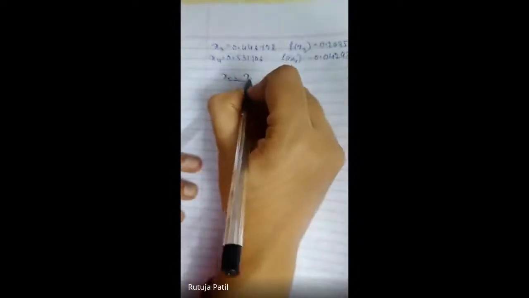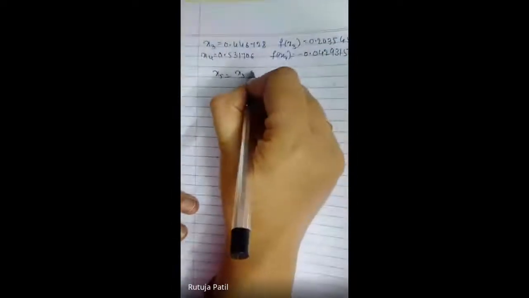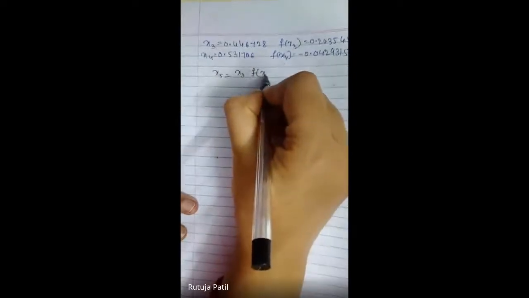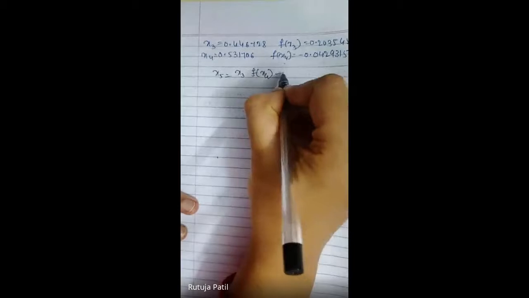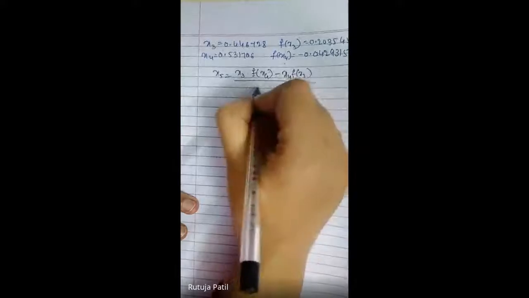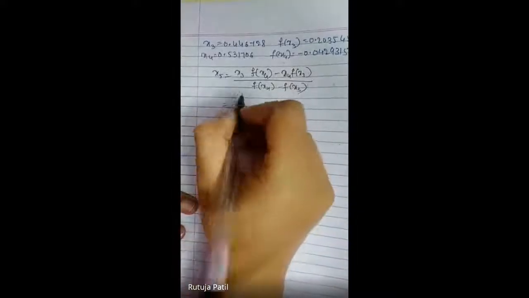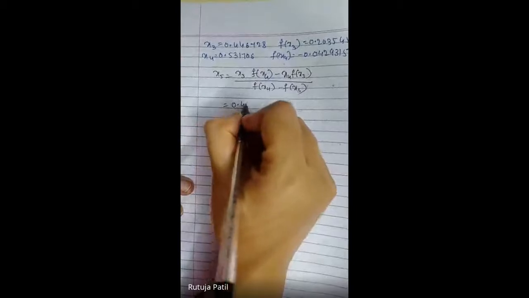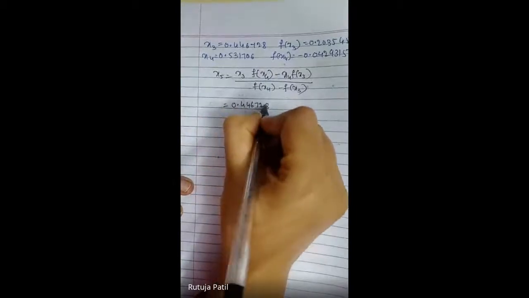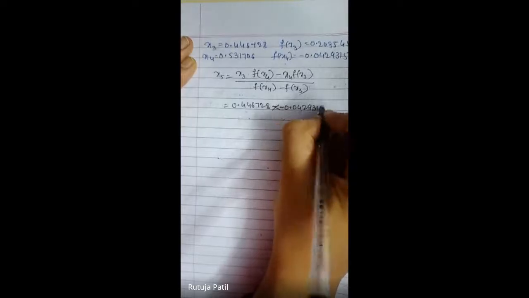Okay, so the formula is x3 f(x4) minus x4 f(x3) divided by f(x4) minus f(x3), right? So substitute in this. What is x3? 0.446728 into f(x4), which is minus 0.042931.